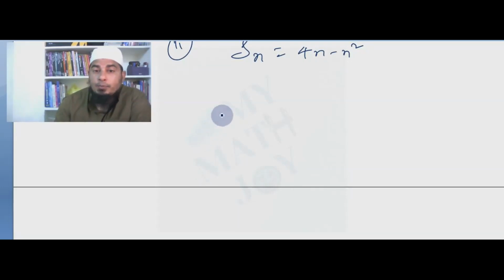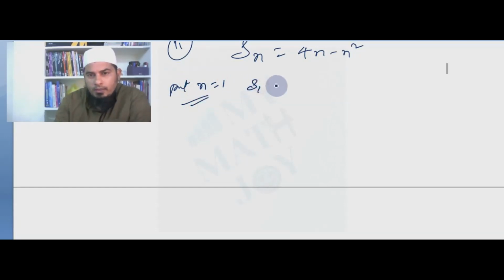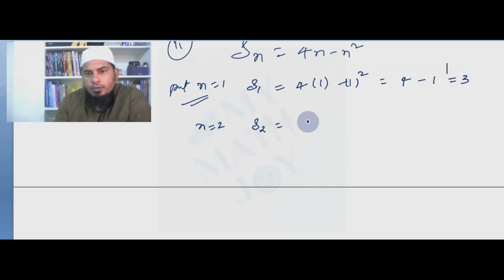Okay, let us proceed. Put n is equal to 1. What happens? S1 is equal to 4 times 1 minus 1 whole square. You will get 4 minus 1, exactly 3. If you put n is equal to 2, what happens? S2 is equal to 4 times 2 minus 2 square, exactly 8 minus 4, you'll get exactly 4.